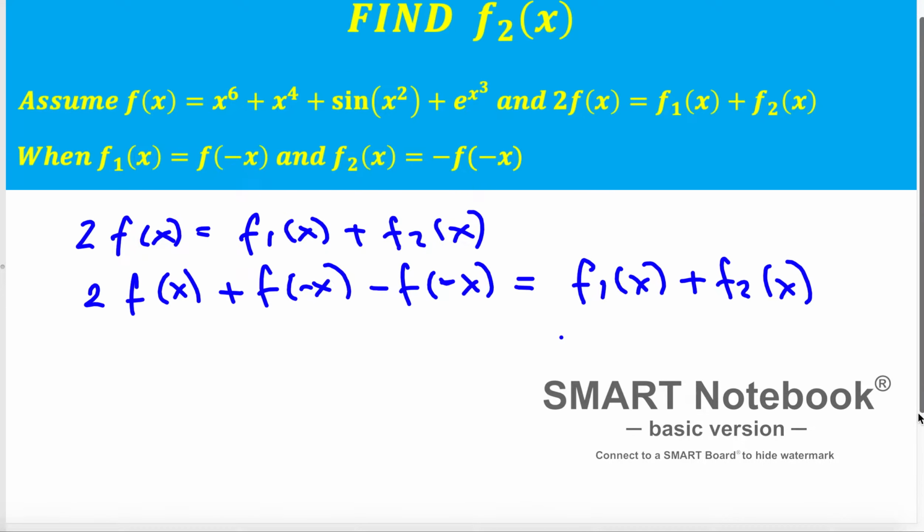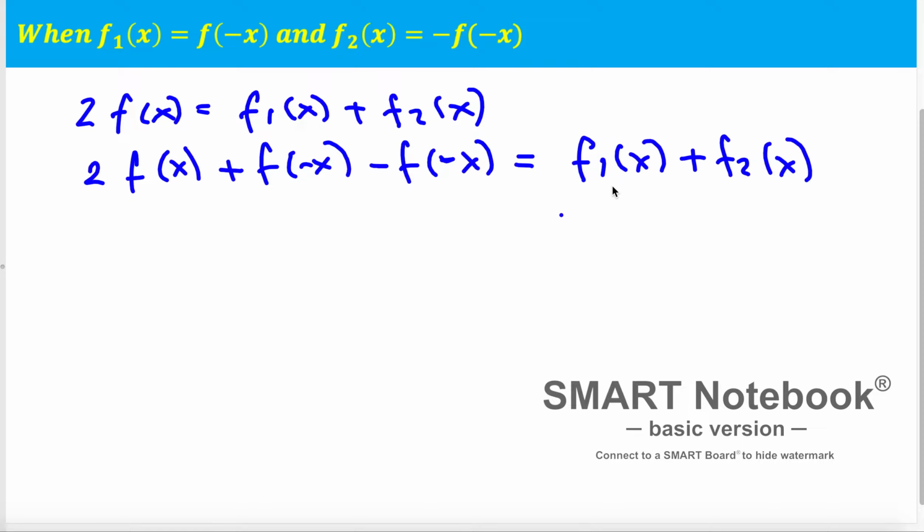And now we are taking just f1 of x. As we said here, f1 of x is f of minus x. So is equal with this one here, f1 of x. And if we are taking, for example, here, 2f1 of x is going to be equal with f of x plus f of minus x.